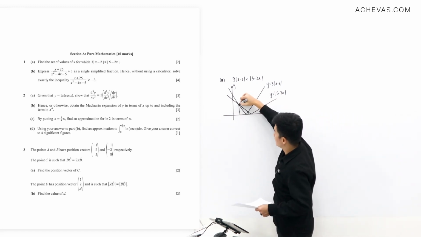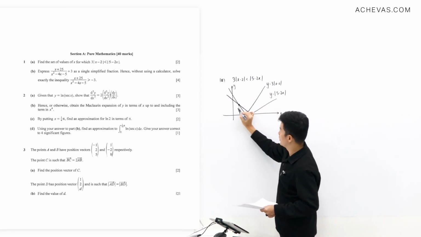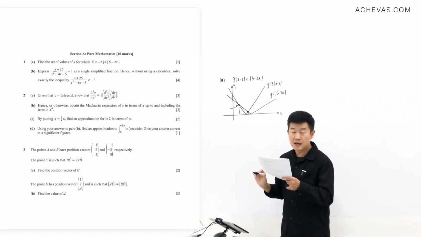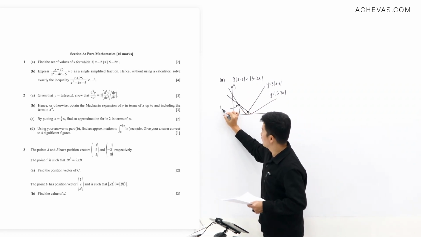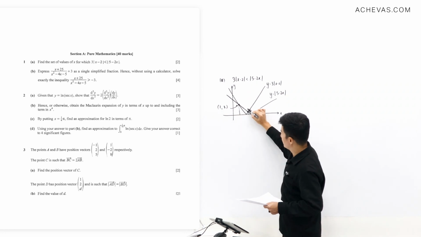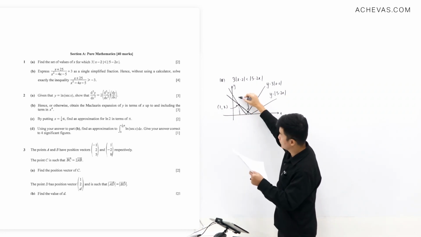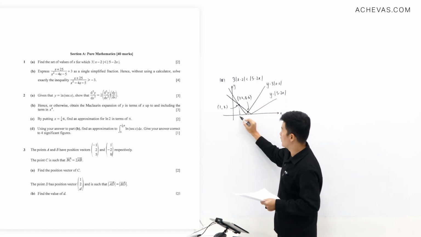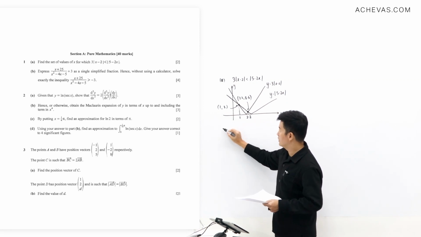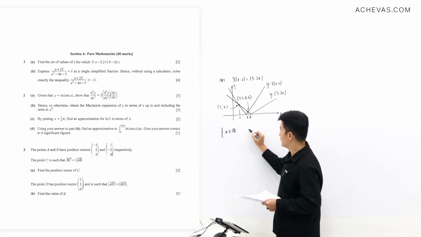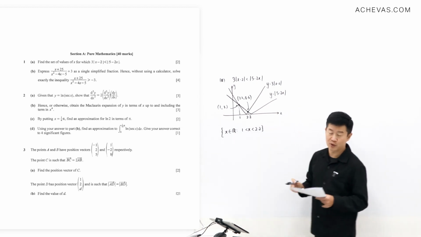I'm going to use my graphing calculator to find their coordinates. This point has coordinates (1, 3), and this point has coordinates (2.2, 0.6). So the x coordinates are 1 and 2.2, and therefore my final answer will be x, which are real numbers between 1 and 2.2.